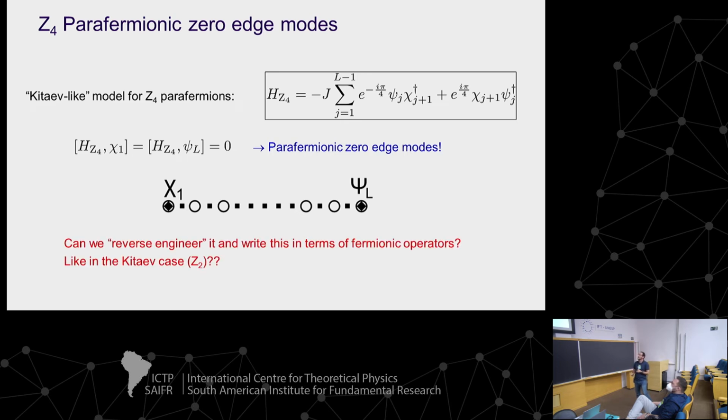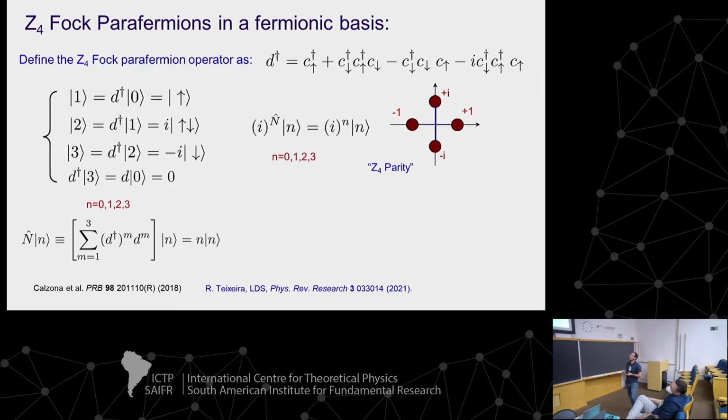The idea here is to reverse engineer that and get a fermionic model and see if we can solve that. There's a representation for those four states in terms of fermionic states: up and down times i, down times minus i, and the vacuum.